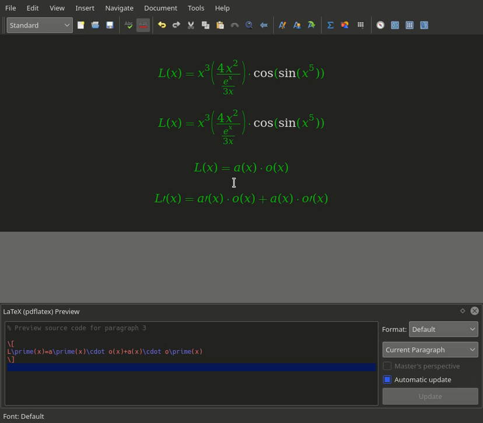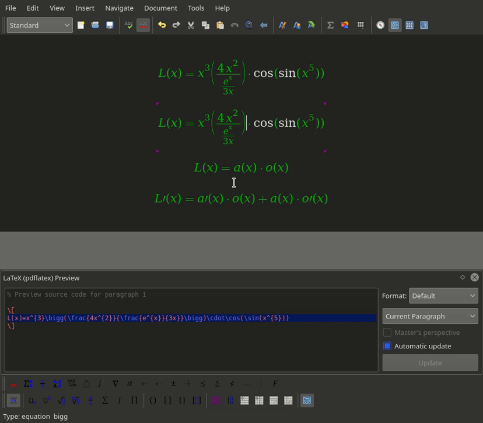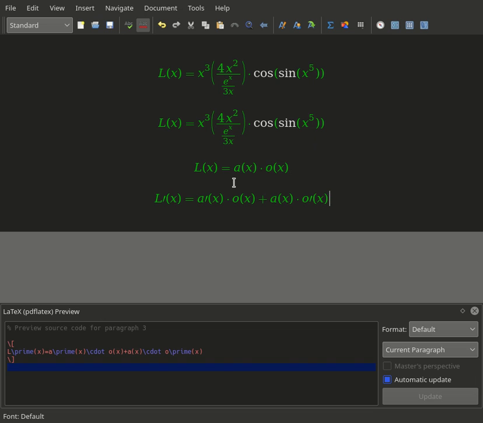I mean, that's really all there is to it. Sticky wicket here is finding what A prime and O prime are, because that is A of x, and this cosine of sine of x cubed, or x to the fifth, is our O of x. And we just need to keep breaking these down further.